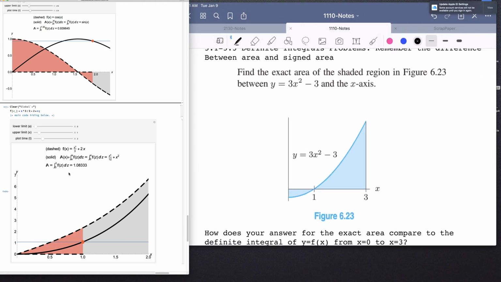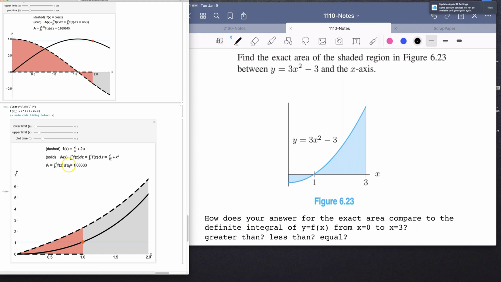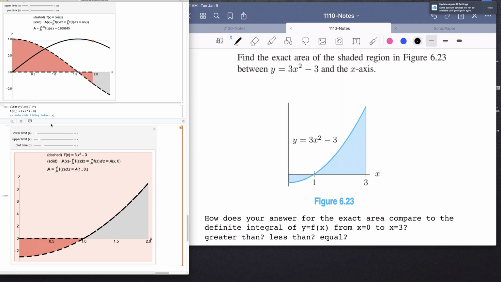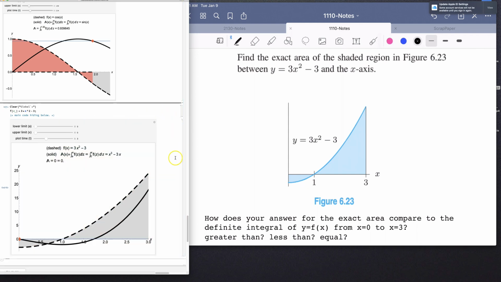Okay, here is a great one that is given. Let's look at the function 3x squared minus 3. We should see a graph in just a moment that looks just like the blue region there. So we've got the interval from 0 to 3.